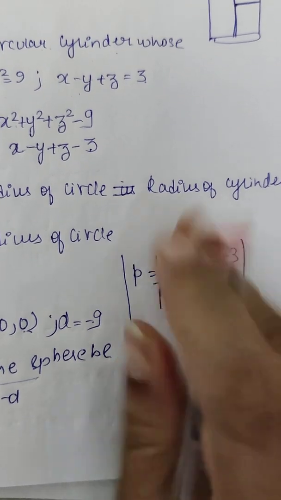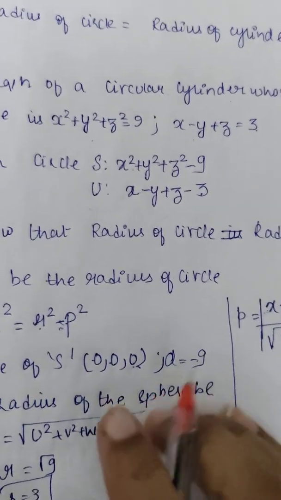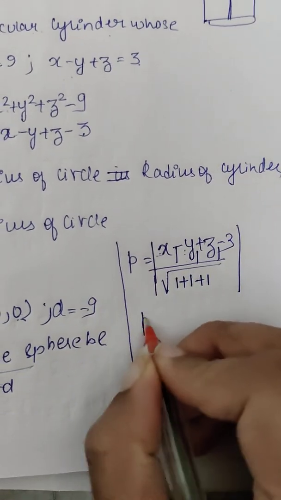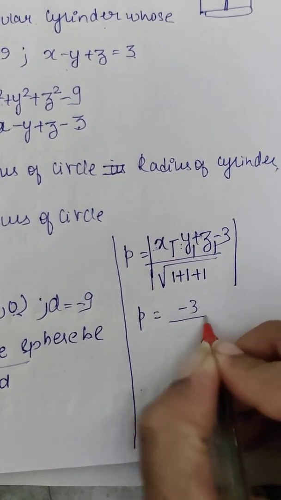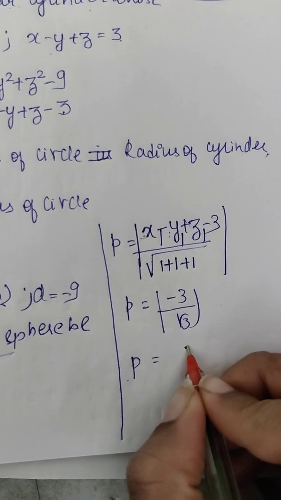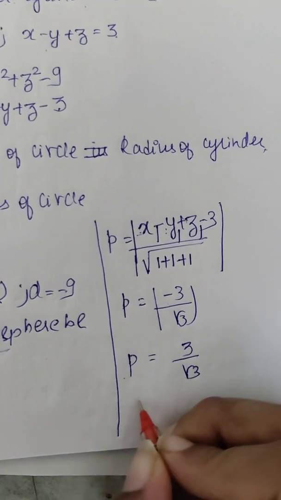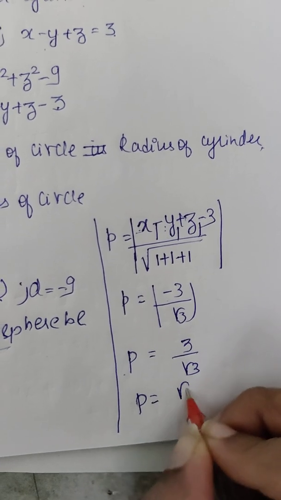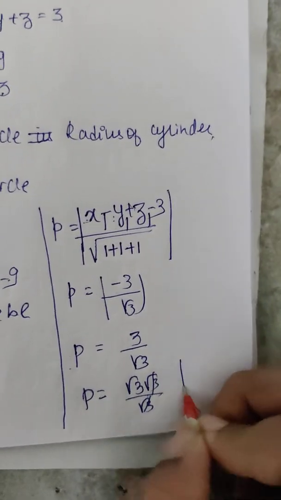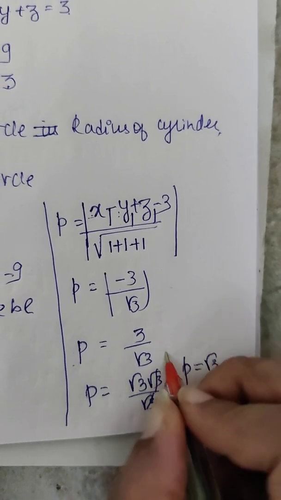It's a perpendicular length from the center of the sphere to the plane. What is the center of the sphere? So plug in the center of the sphere in the plane, 0, 0, 0. So we'll be left with p equals minus 3 by root 3. Since it's a modulus, p would become 3 by root 3. 3 can be split as root 3 into root 3, divided by root 3. So the value of p is nothing but root 3.